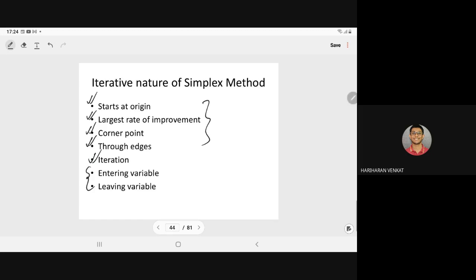With that, we decide the entering variable and the leaving variable. The entering variable is the non-basic variable that will become basic, and the leaving variable is the basic variable that will become non-basic. So in the basis, the variable that comes into the pool of basic variables is the entering variable, and the variable that leaves is the leaving variable, because the number of basic variables in the pool is always constant, that is small m.